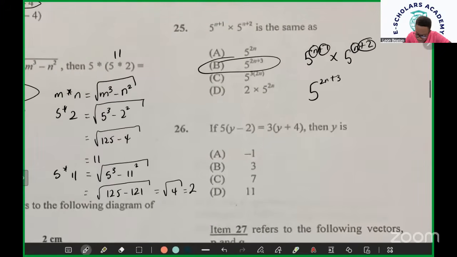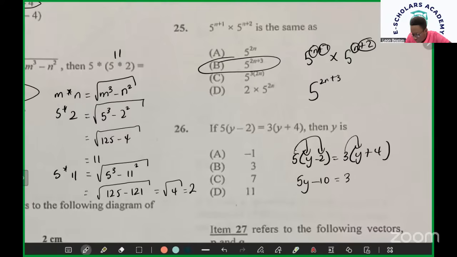Well, CXC gone up. So they change up this one here. So we have 5 open bracket y minus 2 is equal to 3 open bracket y plus 4. So we can distribute here. 5 times y would be 5y. 5 times negative 2 would be negative 10, is equal to 3 times y would be 3y, 3 times 4 would be plus 12.